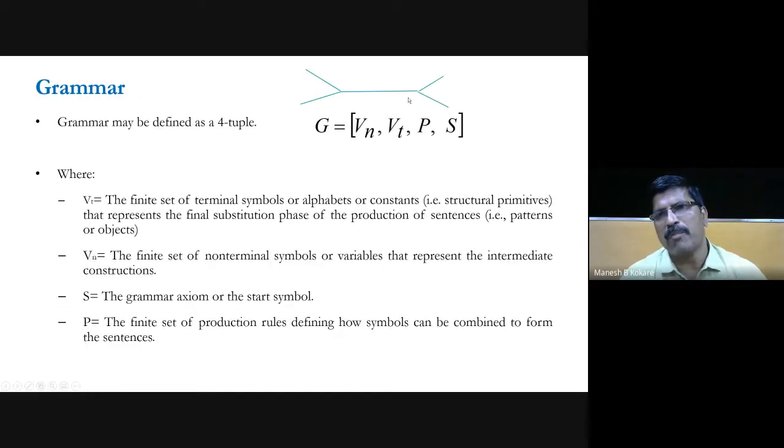A, B, B, B, and C. This set of words which we have generated represents the language of this class.